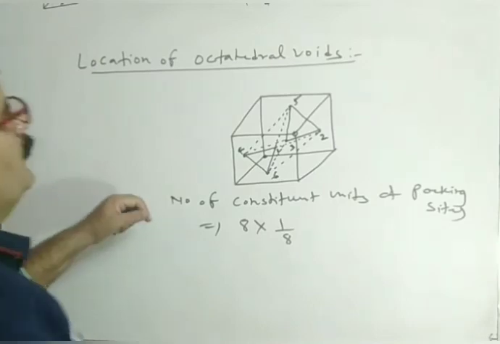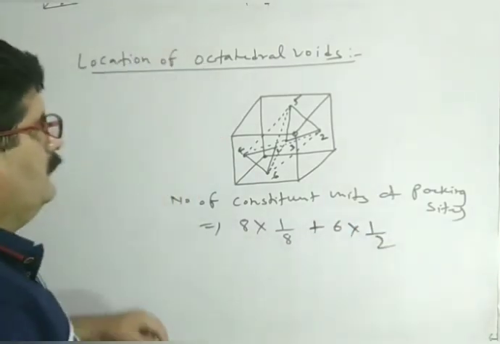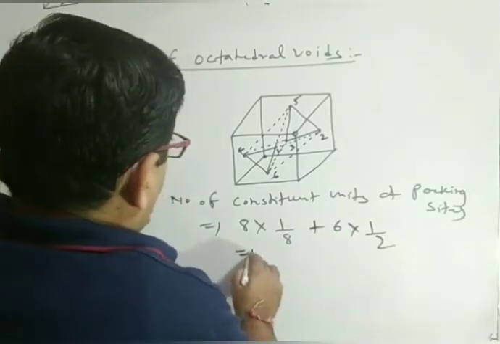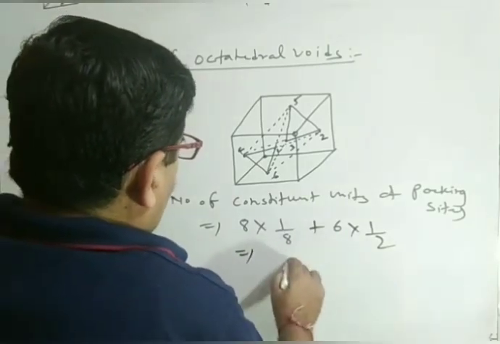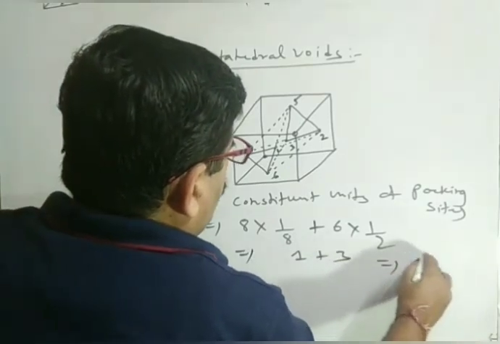So 1 by 8 into 8 plus contribution by face 1 by 2, 6 faces. So the numerical value becomes equal to what? 1 plus 3 is equal to 4.